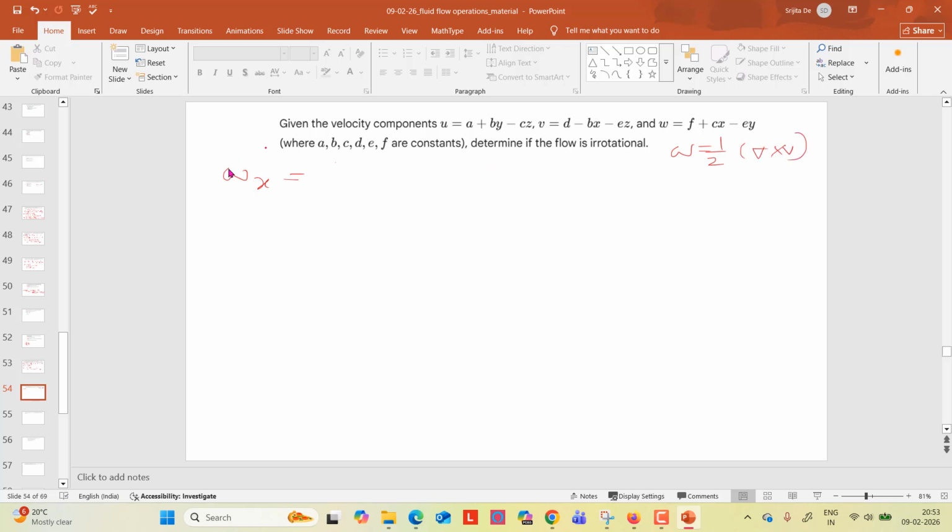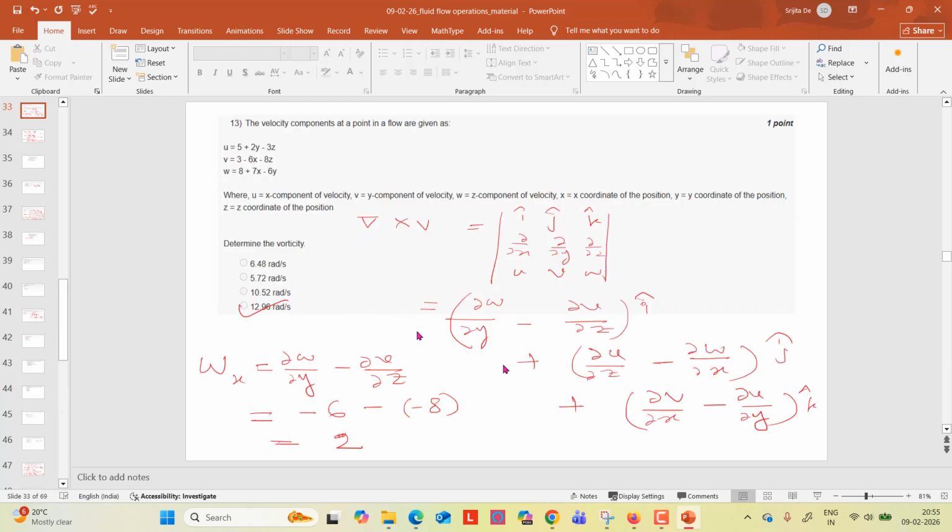So omega x is half of del W del Y minus del V del Z, equals half of del W del Y is minus E, minus del V del Z is again minus E. So minus E plus E equals 0. Omega Y equals, just a minute. Oh, this is the vorticity.